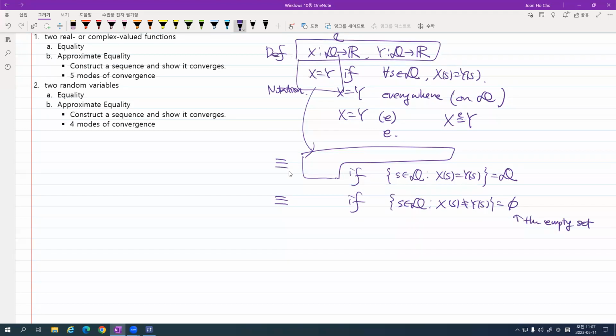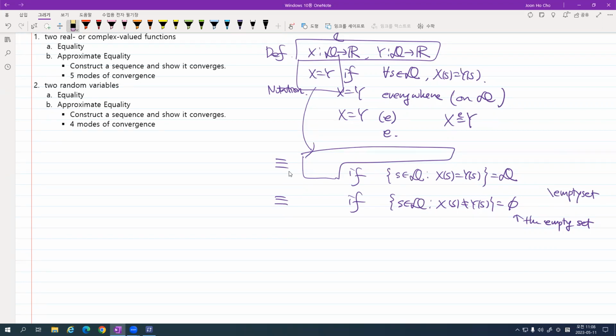This is not phi, actually. If you use LaTeX, this is the empty set, and phi looks different. Anyway, they are different, so do not confuse them when you use LaTeX. Anyway, everywhere equality is very simple.